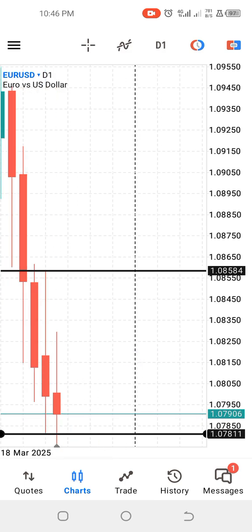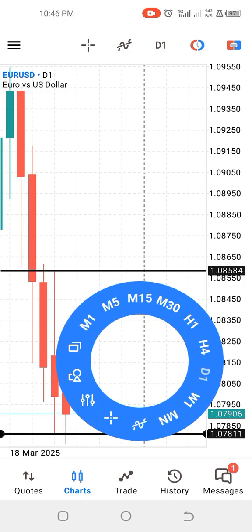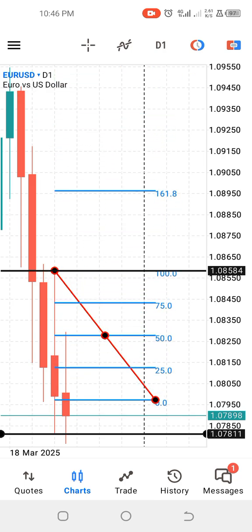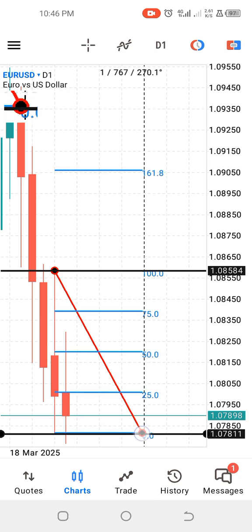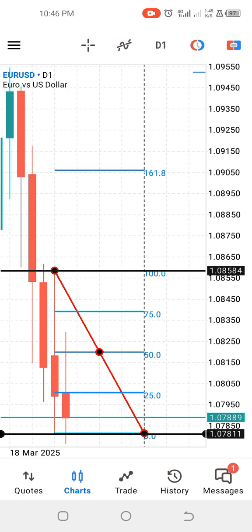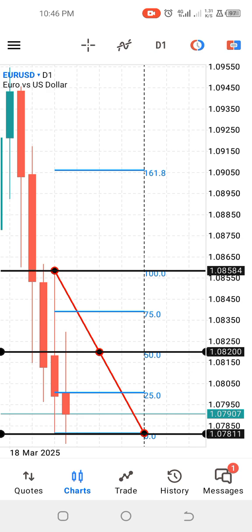Before you look for your position, you can do so many things. You can use your Fibonacci, drawn from the high of yesterday's candle to the low of yesterday's candle. In trading, we are told to sell above the 50%. So this is where my 50% is. Any price action or any zone above the 50% is good for the sell, since our direction is to the downside.